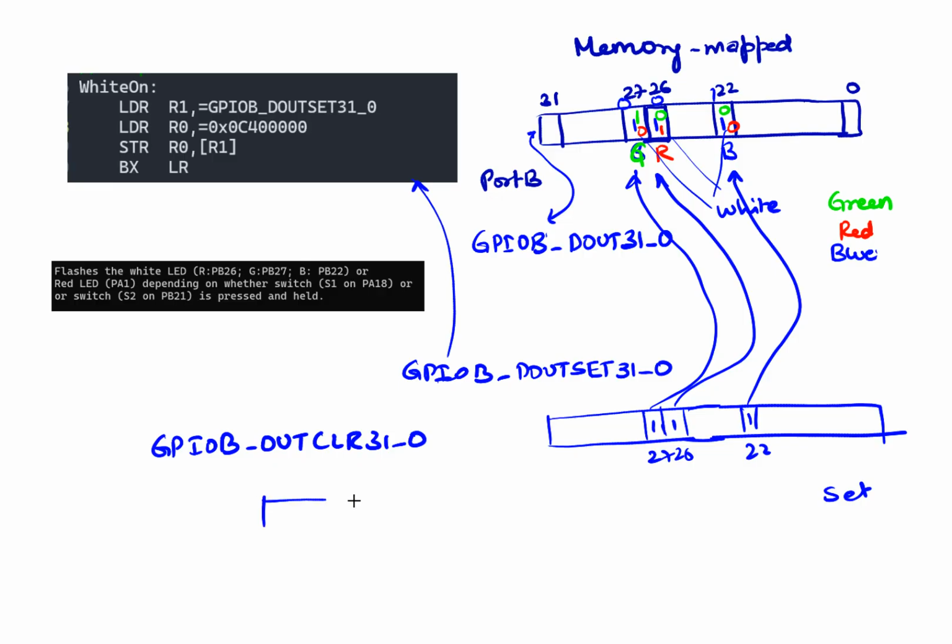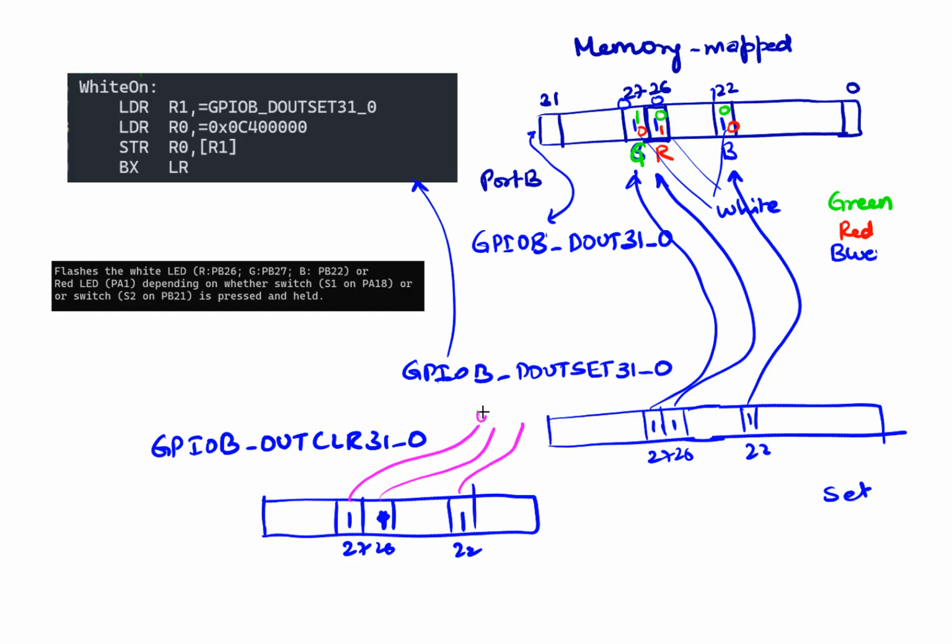In that register, if I do the same thing, on bit 27 I write a 1, on bit 26 I write a 1, and on bit 22 I write a 1, then the act of doing that will make all of those bits in that register become zeros, because I'm asking it to be cleared. So these are some IO registers, or memory mapped registers, that allow us to control those pins. That's the logic behind it.